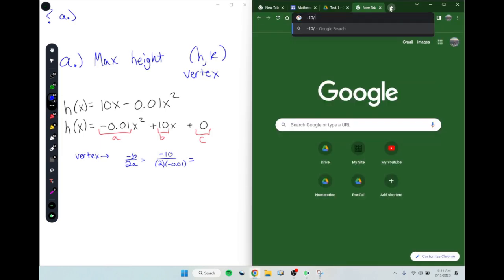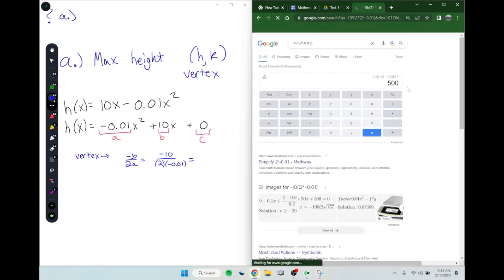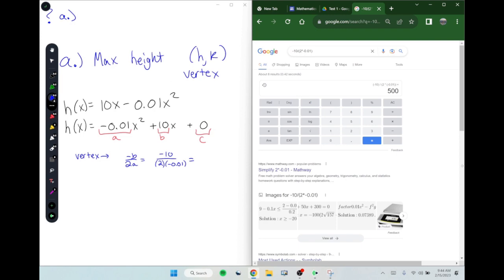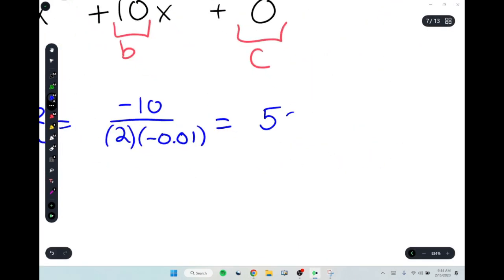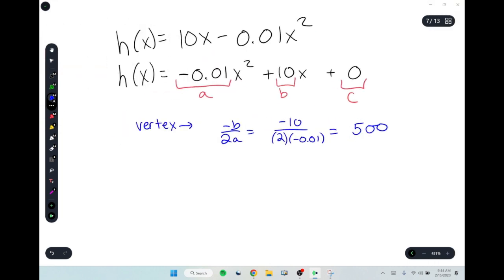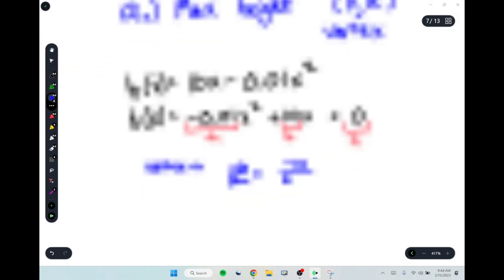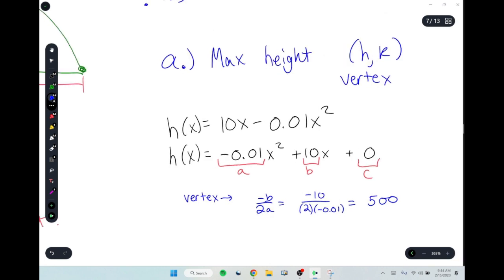So, negative 10 divided by, parentheses, 2 times, what are we doing? Negative 0.01? 500. Then you plug that back into the function.